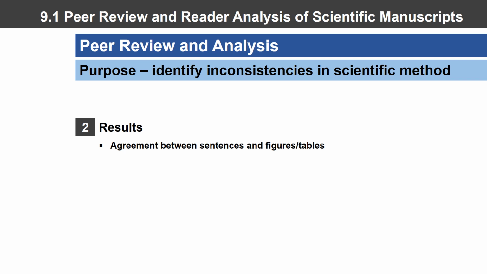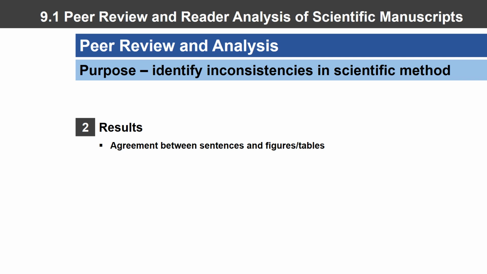If it says that the two groups are not different or they're the same, then you should see a lack of statistical significance. Sometimes the sentences don't match, or sometimes, believe it or not, the sentence will say the result shows an increase, and then you look at the data and it was actually a decrease. This happens too. So you want to look for agreement.